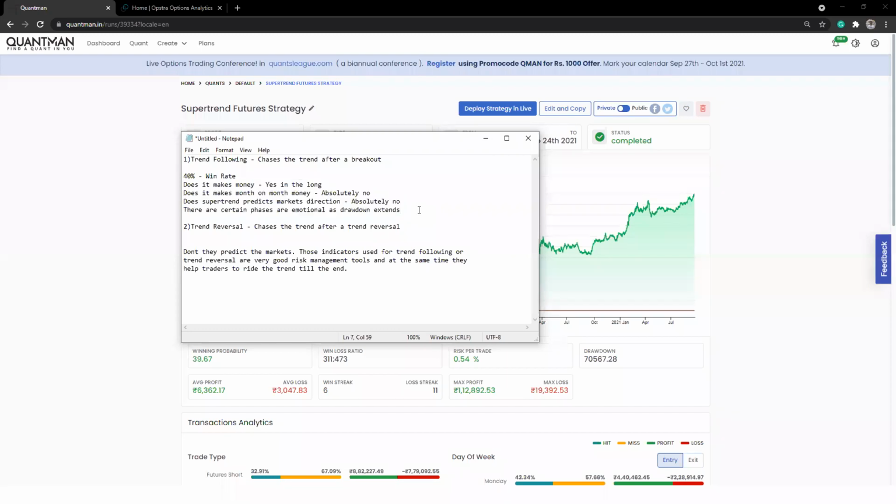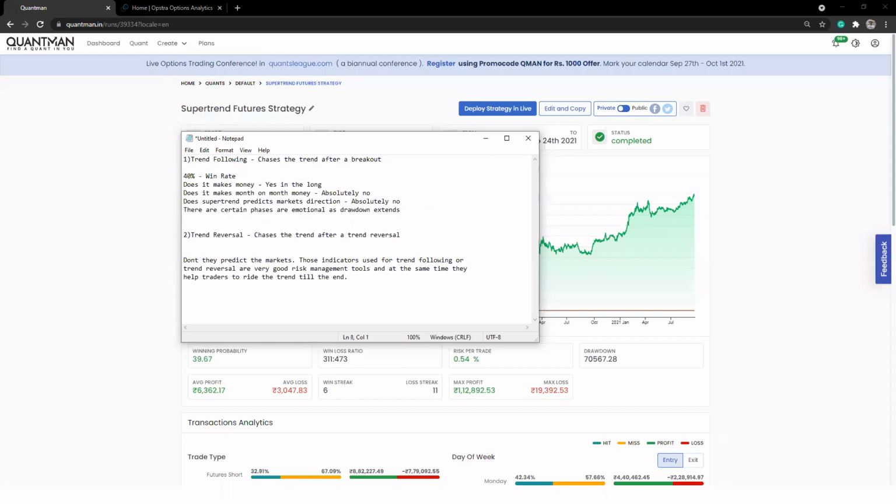But despite that, if you ask me, I've been a trend follower since 2009, from 2014 onwards, right? I can tell you it is difficult to trade, but it gives the maximum profitability, despite the pain it is causing.